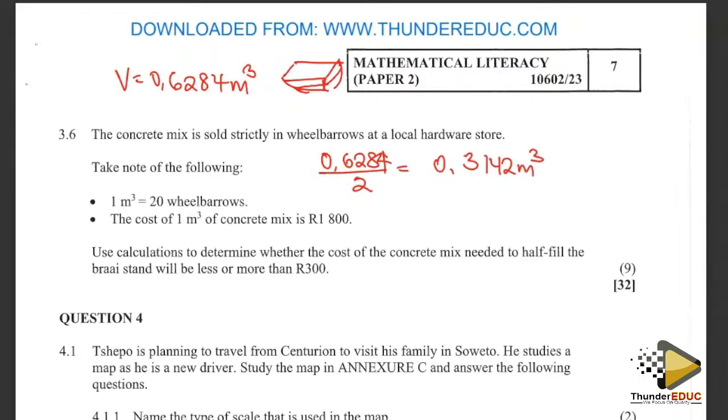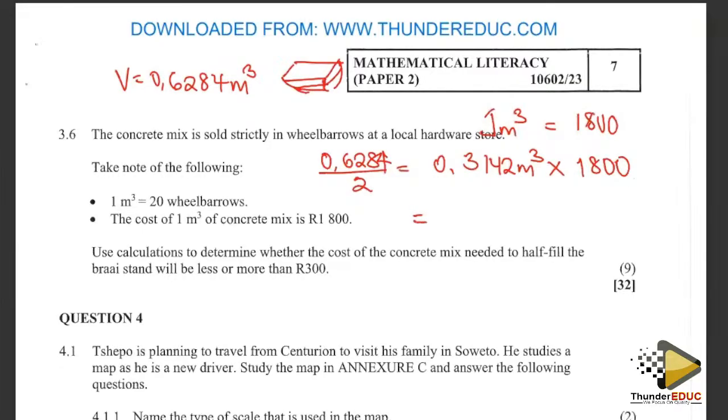So we find out how many wheelbarrows we need for this. Actually, you just need to multiply by the money because we are proving the money. It says 1 meter cubed, one pays.